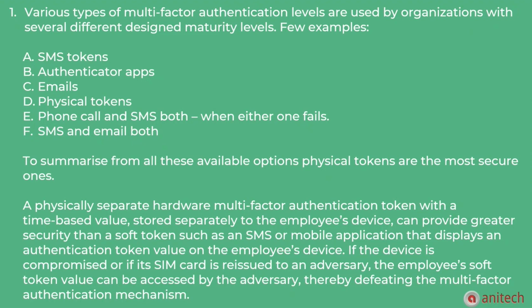He accesses your bank, and he tries to authenticate, and he receives an SMS token. But he can see the SMS token up on the top of the screen, and he uses it and enters it in your bank app. There is no use of that token actually. But consider a situation when you have a physical token, the token is with you. Now he can't use it because the token is with you.